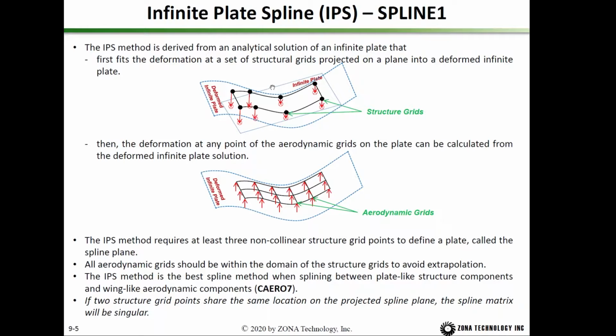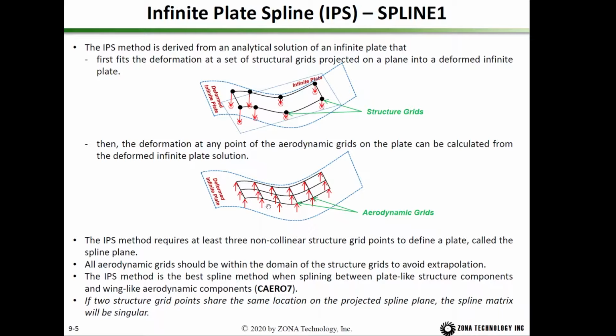So you will fit an infinite plane into this deformed structure model, and because it is based on an analytical solution, once we have this deformed plane, we can calculate the displacement at any point on the plane. Of course, we're going to plug in the aerodynamic grid points to calculate the displacement at the aerodynamic grid. So in so doing, we can transfer the displacement from the structural grid points to the aerodynamic grid points.